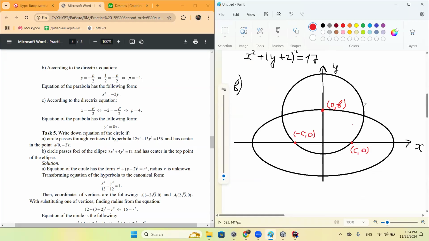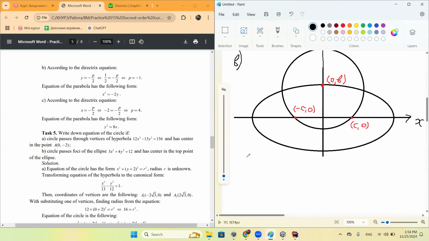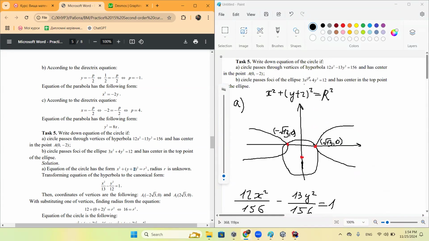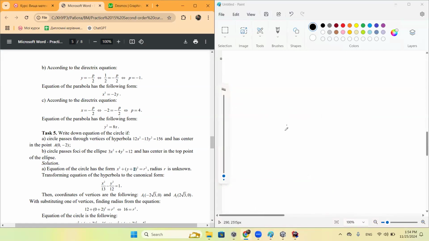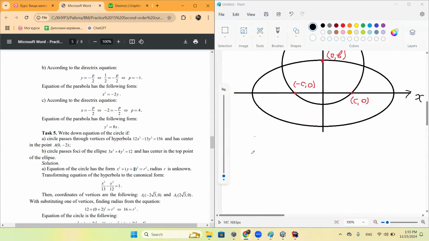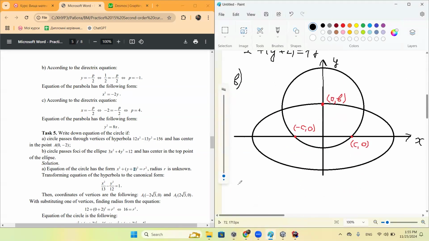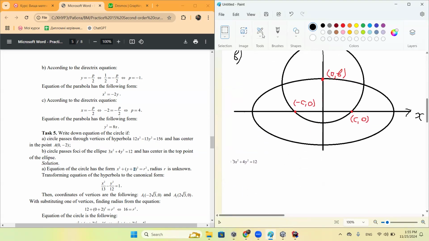So b will be one of the coordinates. First of all, transforming the ellipse. It could be simple, but nevertheless, transform into the canonical form.